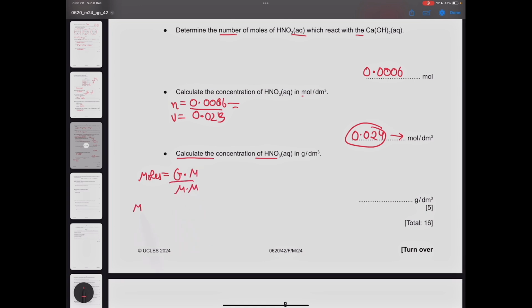When you multiply moles with molecular mass, you get the given mass. So whenever you know the concentration in moles per dm cube, simply multiply it with the molar mass of that compound and you will get grams per dm cube. All right, and the molar mass of HNO3 is 63. So you just multiply with 63 and your answer will come in grams per dm cube, which will be 1.51.